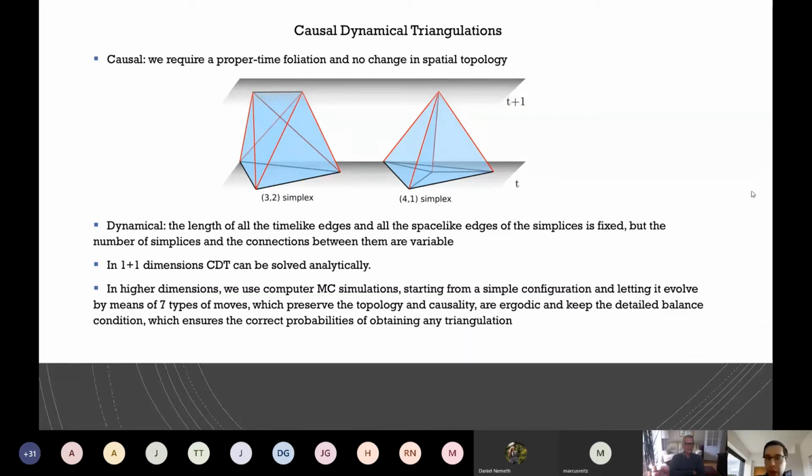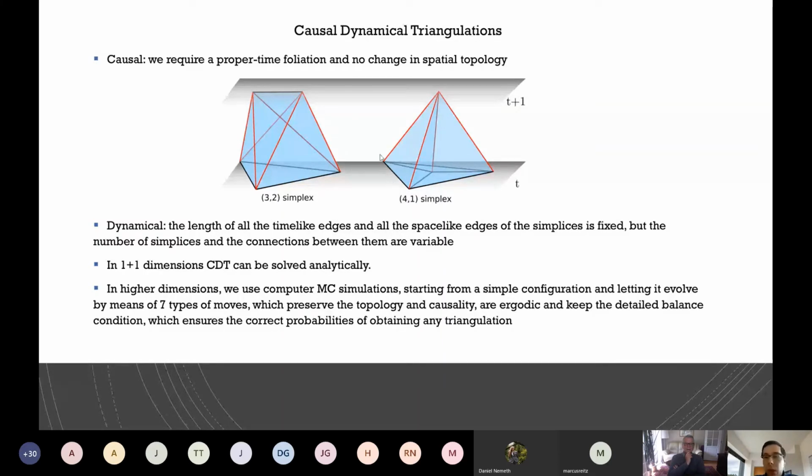And what does it mean? The word causal means that there are no causality violations, so no change in the spatial topology of the universe. And this means that the topology of the whole spacetime can be rewritten as a Cartesian product of a spatial manifold and a time interval, and so we have a proper time foliation, and this leads to the fact that we have only two basic kinds of four-simplices.